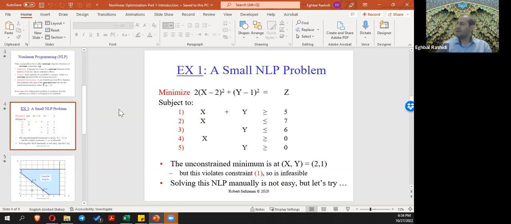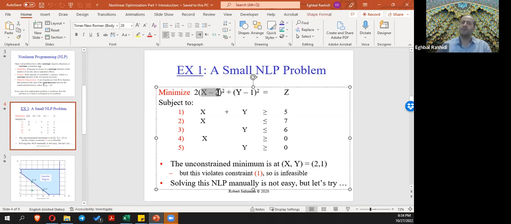All right, so let's see an example of nonlinear programming. This is a small example just for illustration. It has only two variables, x and y. The function is 2 multiplied by (x minus 2) squared plus (y minus 1) squared. As you see here, the two components of the objective function are both nonlinear. But even just one part is enough.